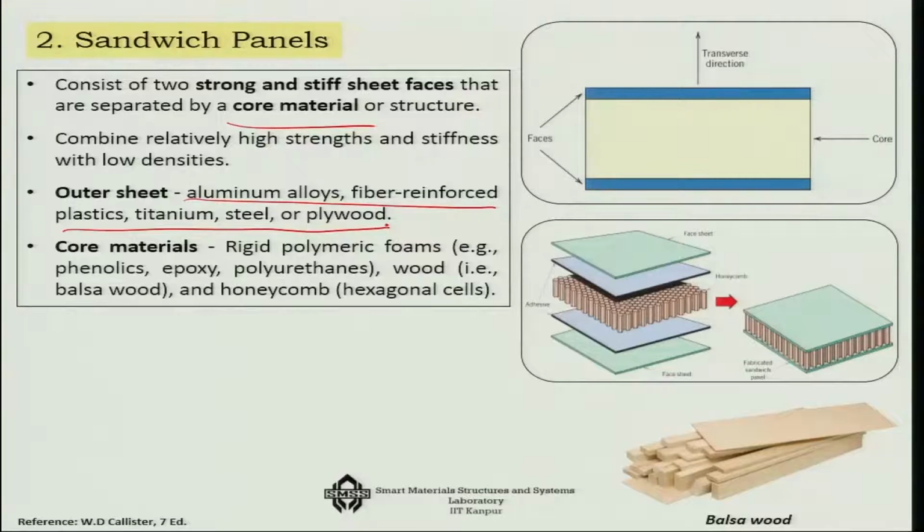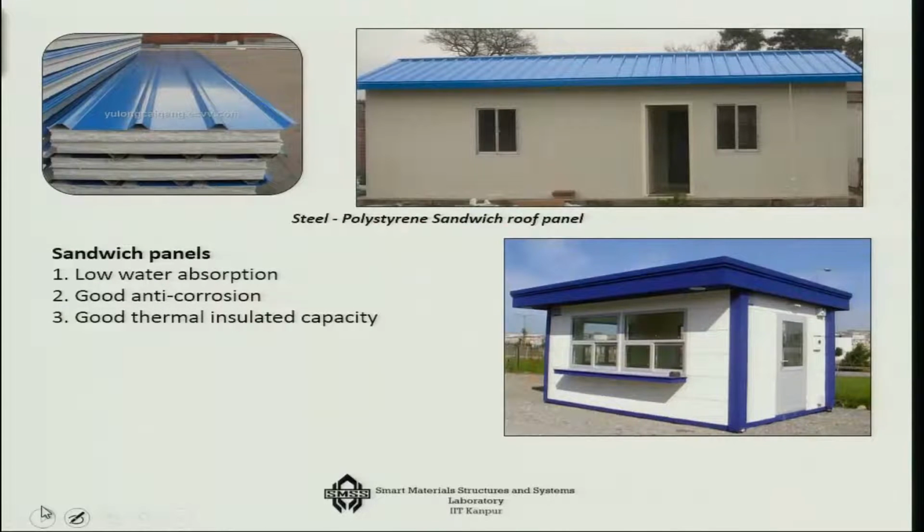Examples: phenolics, epoxy, polyurethane, and then wood and honeycomb. So it is one of the lightest materials and technologies in terms of composite materials. Sandwich panels are used in various applications for low water absorption, good anti-corrosion activity, and good thermal insulation capacity. So it is very popular in terms of its use.